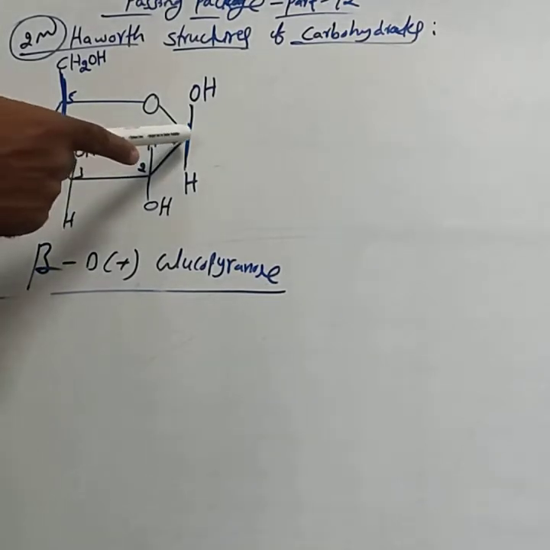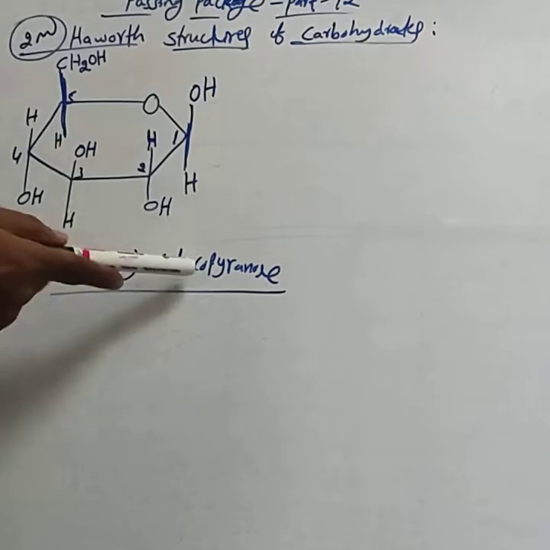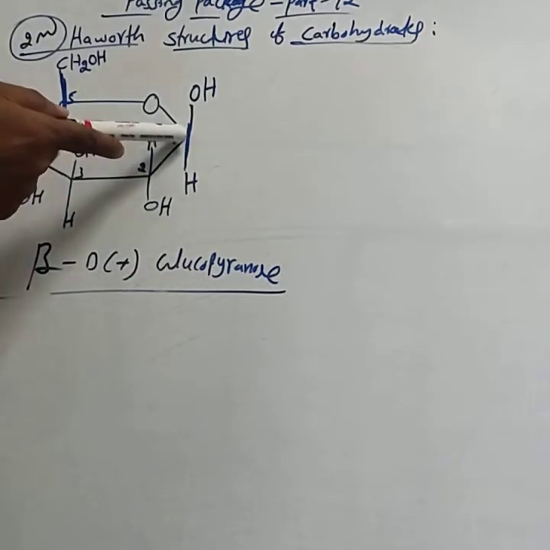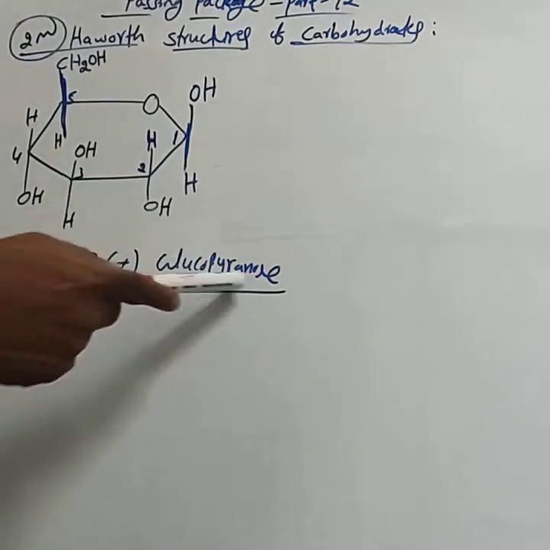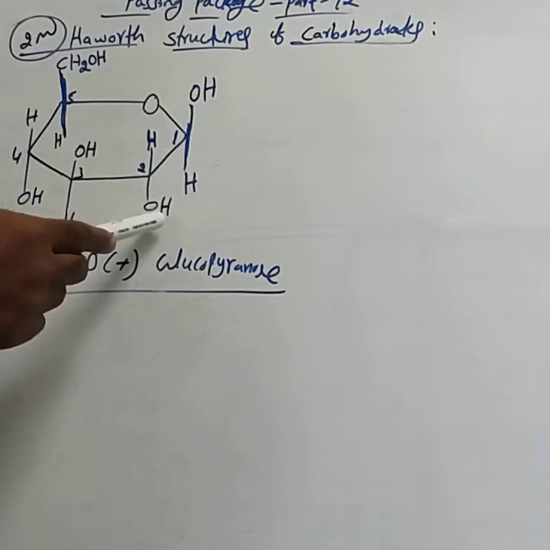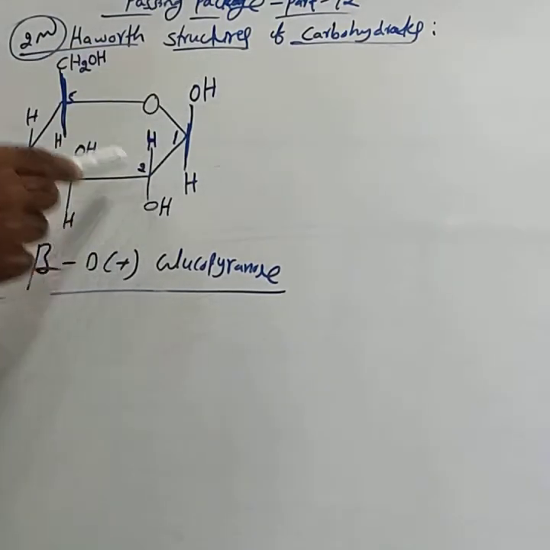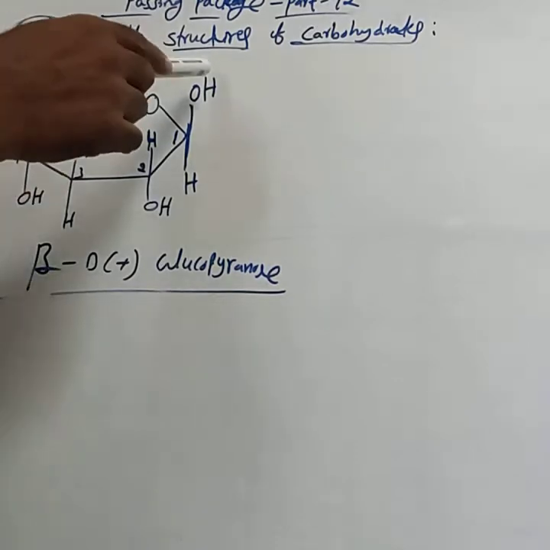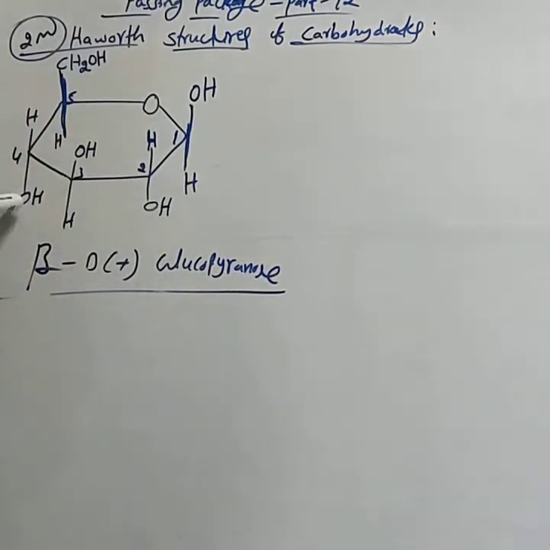At the first corner, if OH is below, then it is an alpha glucose. On the first corner, if OH is above, then it is a beta glucose. For the beta, you consider the code as make K. That is, for the first corner, OH above, next below, above, below.